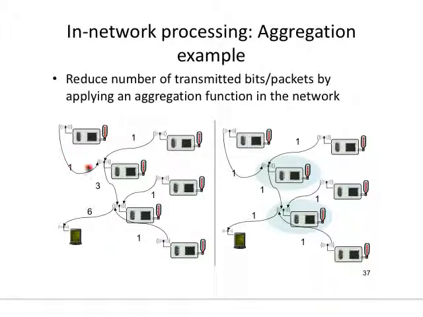This example illustrates that. If I don't do any aggregation or merging, then I have 1, 2, 3, 4, 5, 6 sensors. They are connected in such a way that this sensor is connected with this sensor, and this sensor is connected with this sensor. So this sensor is connected with two other sensors, right? It receives one message from here, one message from here, and it has its own message. That makes 3 messages sent across this link, right?